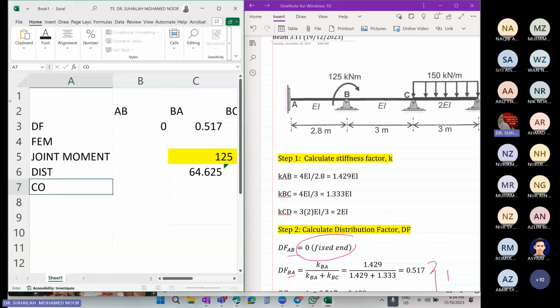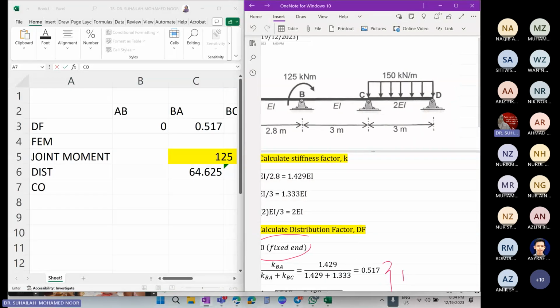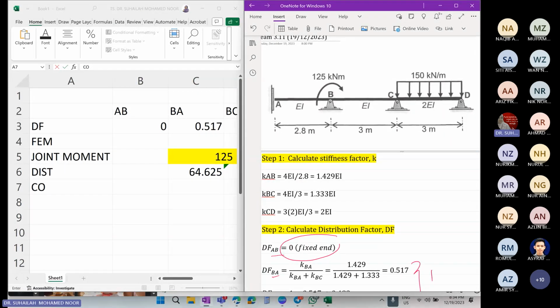The 0 carry over factor will only be used for a pin or roller end.